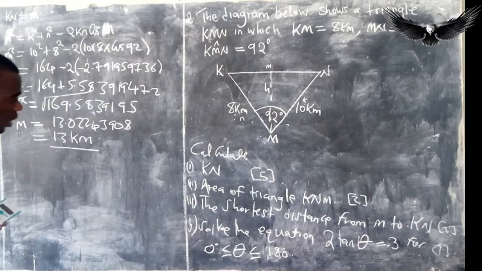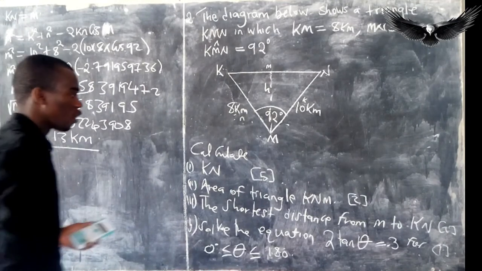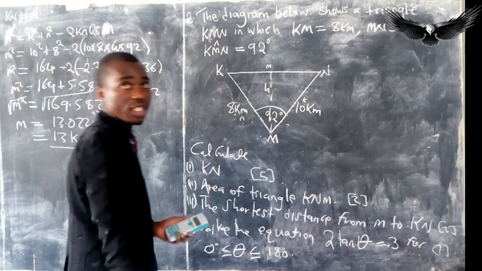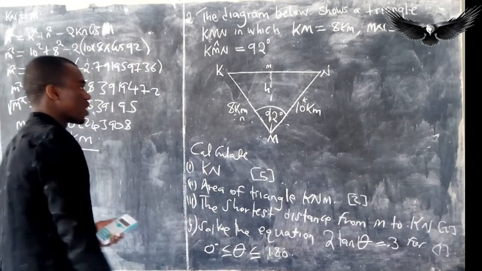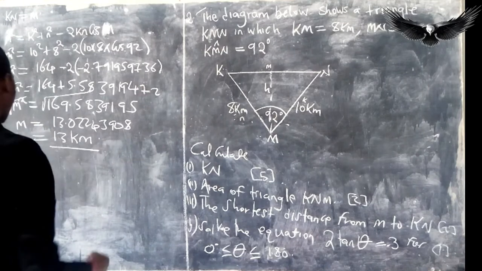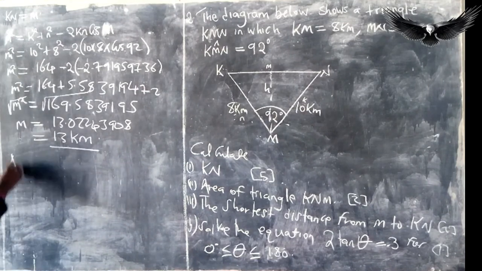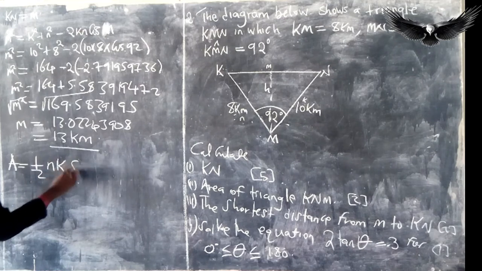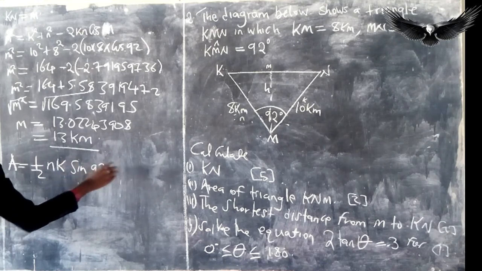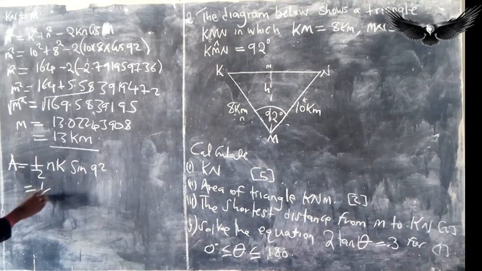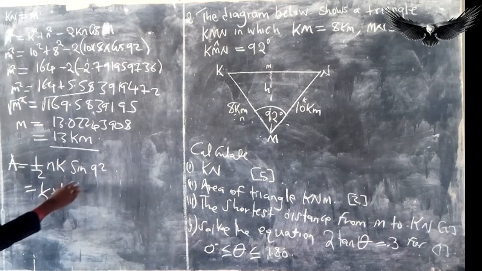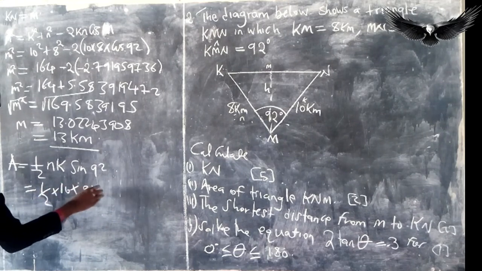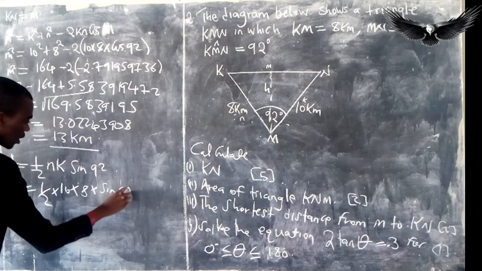So we proceed. We go to B, they are saying we find the area of triangle KMN, which is the same thing that we did in the previous question. So we are saying area is equal to half nk sine 92. So this one will simply be half multiplied by 10 multiplied by 8 multiplied by sine 92.